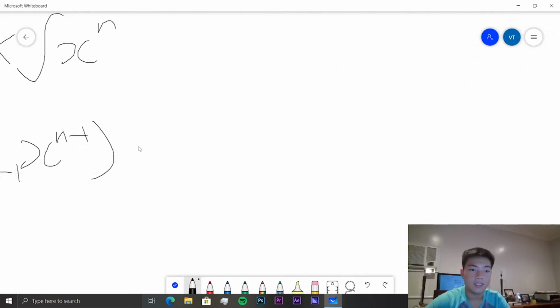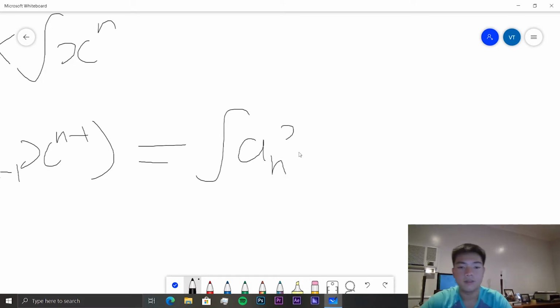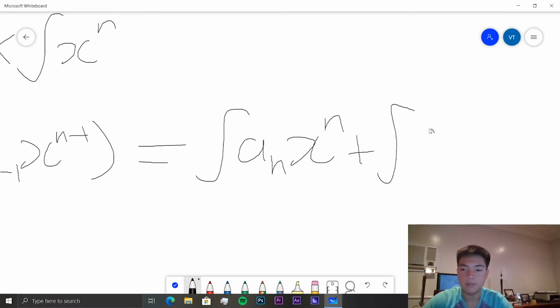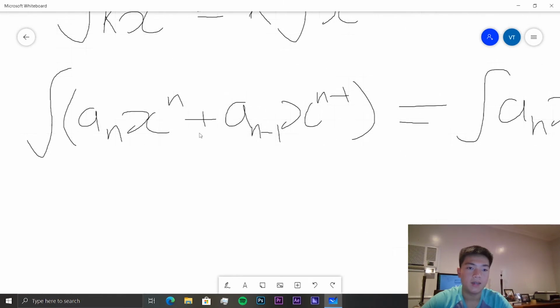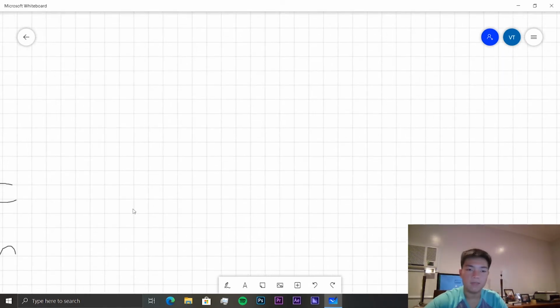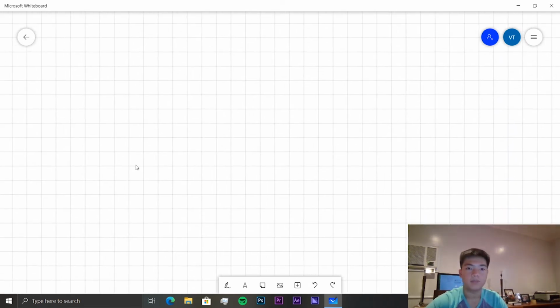So this is equal to a_n times the integral of x to the n, plus the integral of the next term, and so on. It's very handy to know that we can split apart integrals like this, just like we can split apart functions when we differentiate them. It's the same as the sum and difference rule.